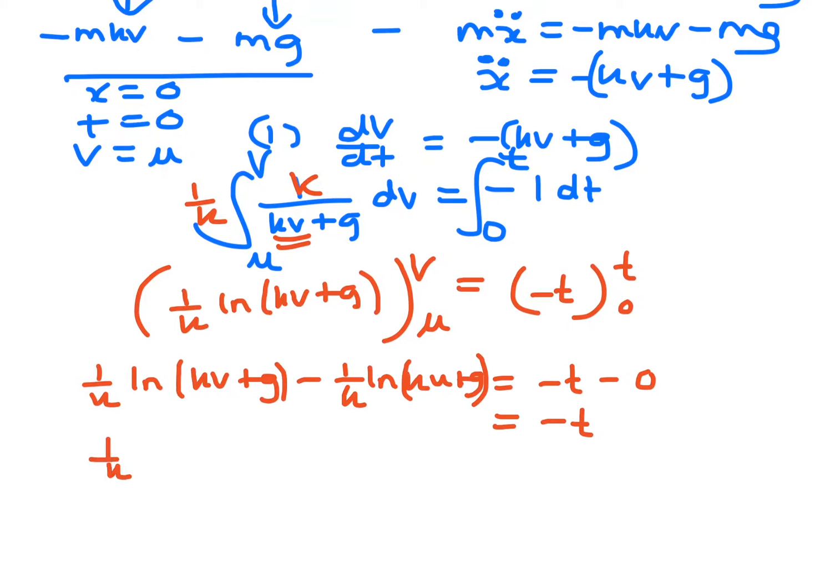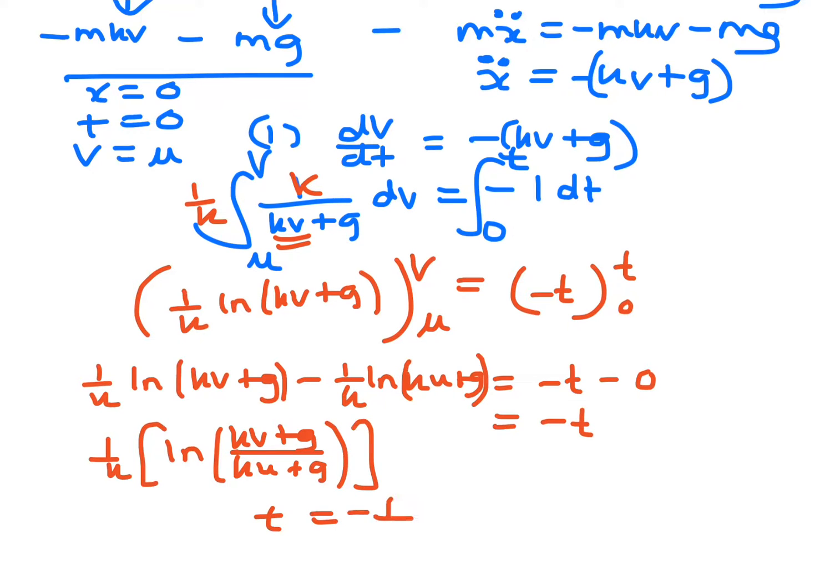So it's 1 on k ln of (kv plus g) on (ku plus g) equals minus t. T equals minus 1 on k ln of (kv plus g) on (ku plus g).